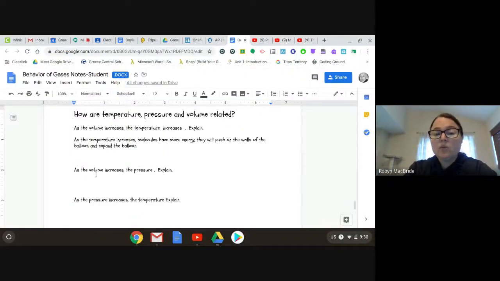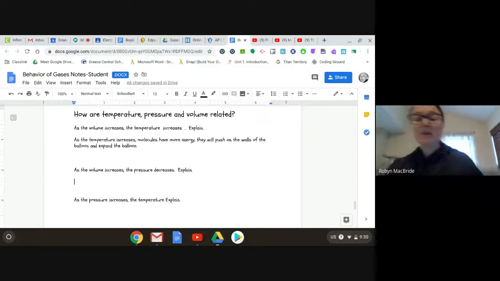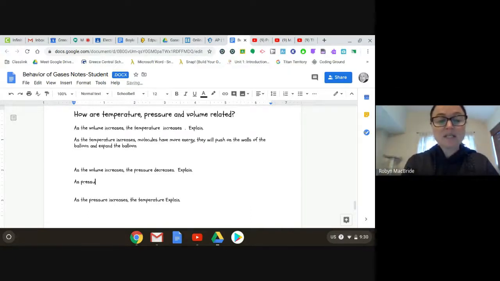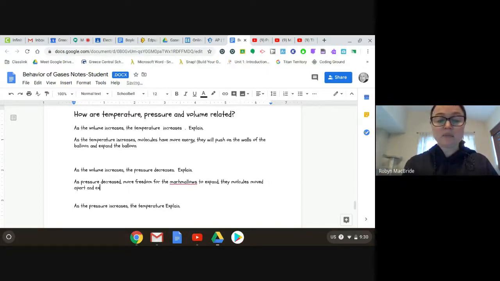So what we saw is that as the pressure decreases, the volume increased. As pressure decreased, there was more freedom for the marshmallows to expand, so the molecules moved apart and expanded.